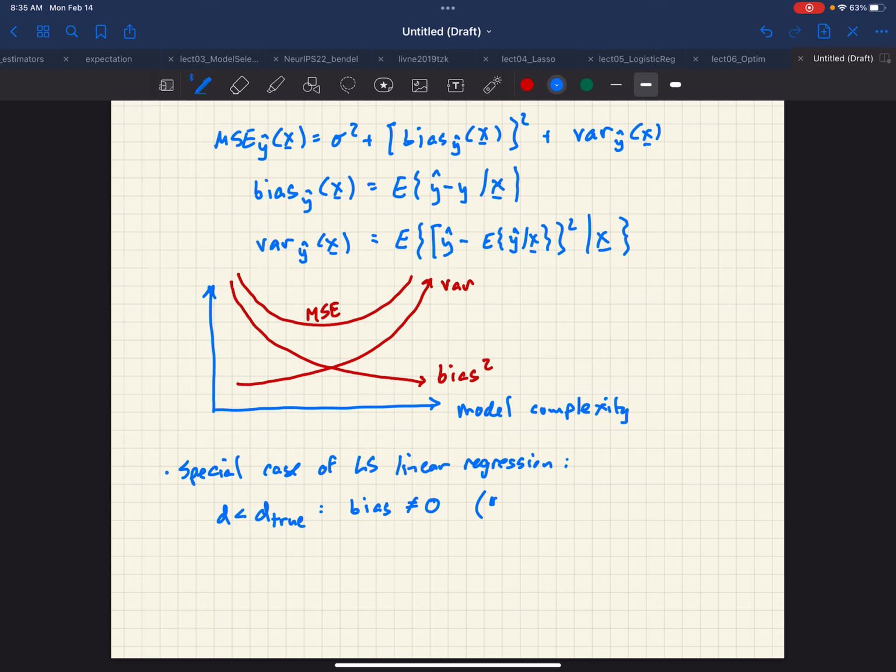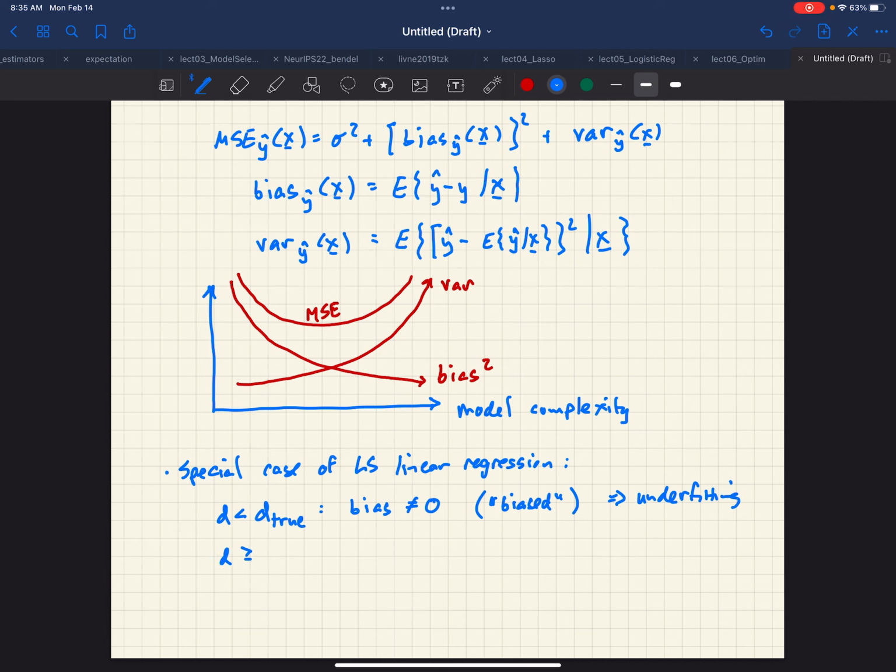And we call this biased, and this leads to underfitting. On the other hand, if D is greater than or equal to D true, then we saw that the bias is equal to 0.